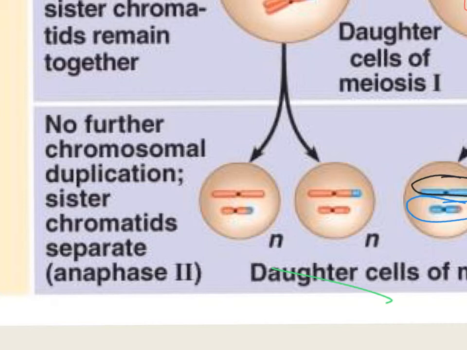So I forget exactly how many, but the main thing to realize is that you're going to have 4 haploid cells instead of, like mitosis, 2 diploid daughter cells. I think I've got a video that goes into this, and then diagrams as well, okay?